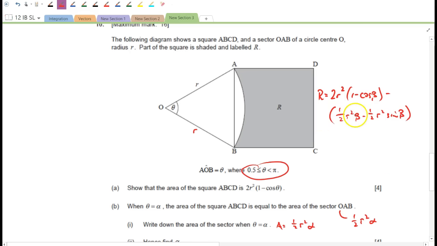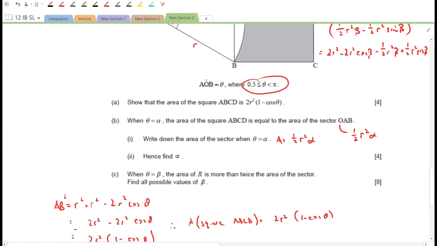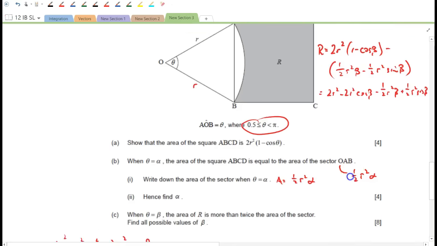So we simplify all this, we get R is equal to 2r squared minus 2r squared cos beta. Alright, so we get 2r squared minus 2r squared cos beta minus a half r squared beta plus a half r squared sine beta. Okay, so that's R. Now that is more than twice the area of the sector.